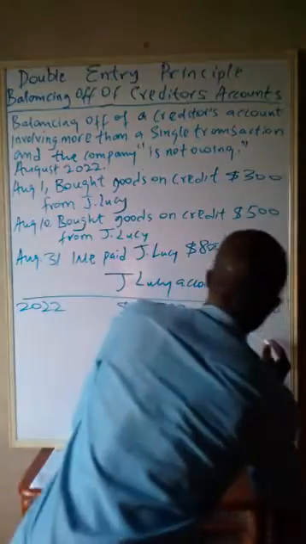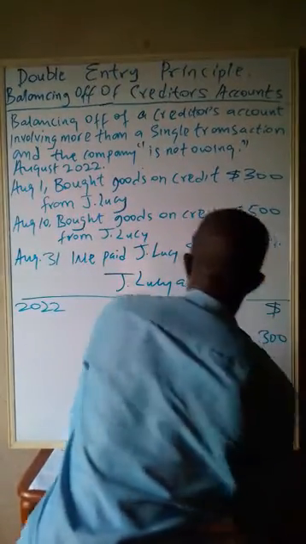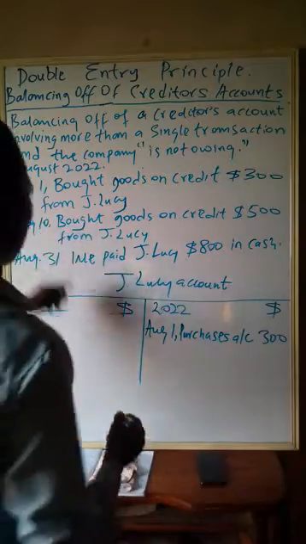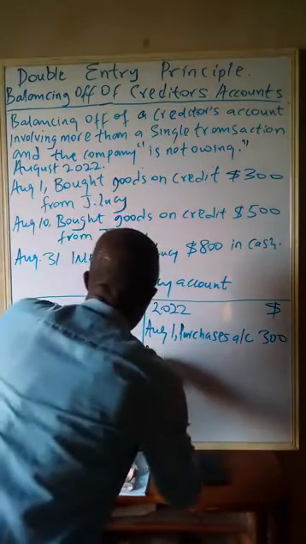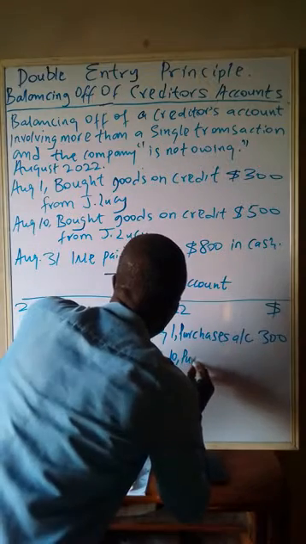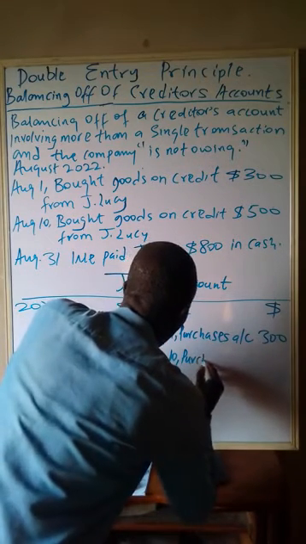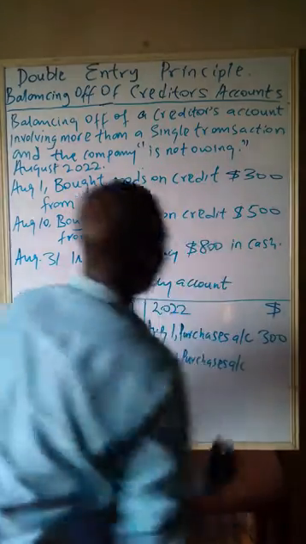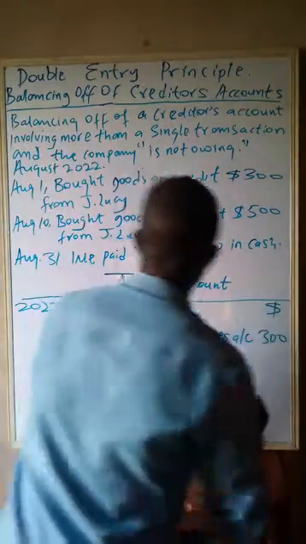How much? $300. Next, August 10th. Another purchase from the same person. Purchases account. How much is involved? $500.